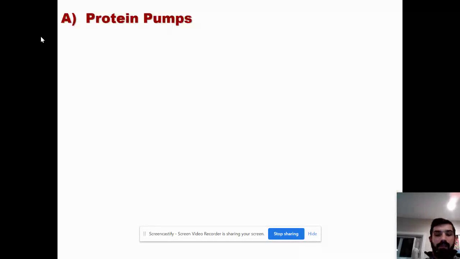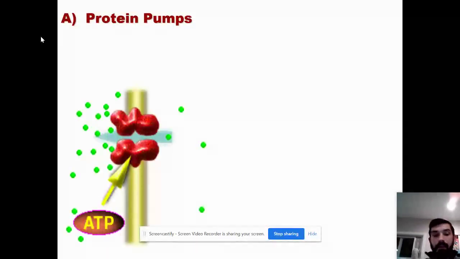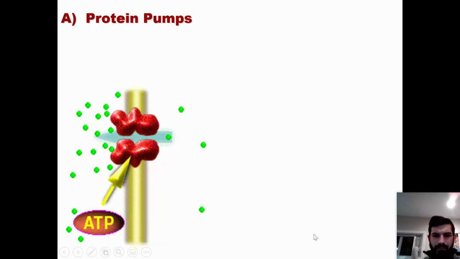So protein pumps, kind of like a photosystem. You need ATP to help power this protein pump, and I don't know if you could see it, but this shaded thing here in the middle is actually an arrow pointing to the left. It's pointing to the left because it's trying to show you that these green pieces of material are going to be pumped through to the other side on the left.